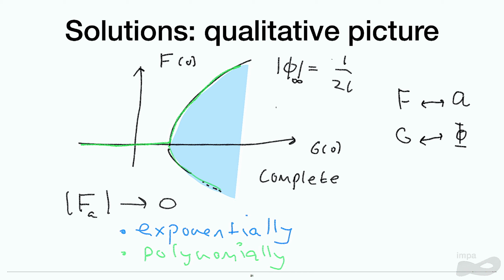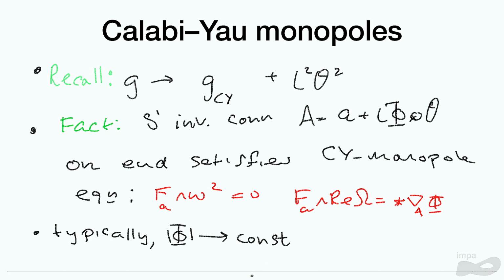The exact value of this is kind of unimportant in the sense that if I look at the Calabi-Yau monopole equations, I can rescale my cone and then also rescale my Higgs field to change the mass, this constant that it converges to. So that's not so important.